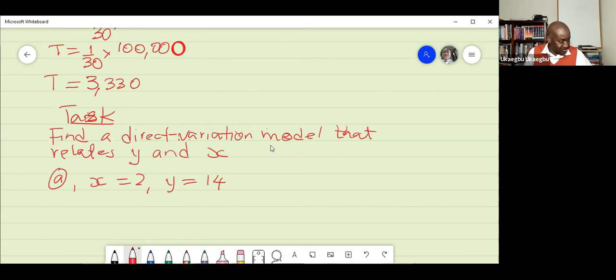And in example B, if X is equal to 4 and Y is equal to 8 pi. So create the model.